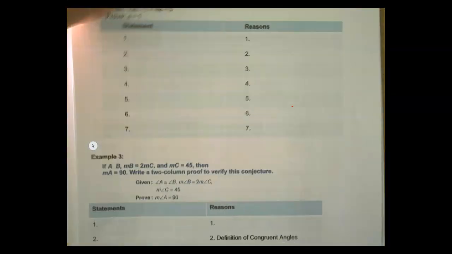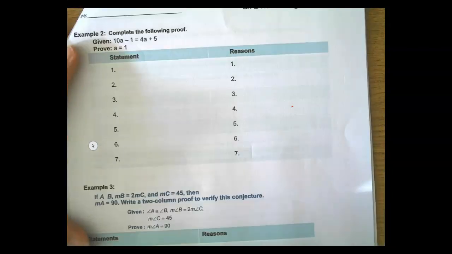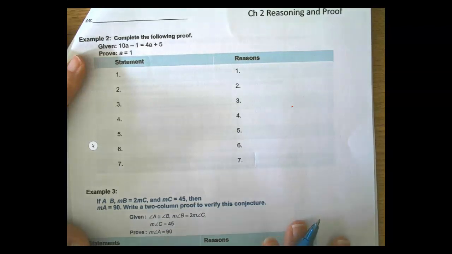All right, on this next page, it's blank, and I really don't want this to be blank. So you guys are babies, so I am going to write a few of these out. Okay. First of all, anytime you have a given, that is the first thing you write.